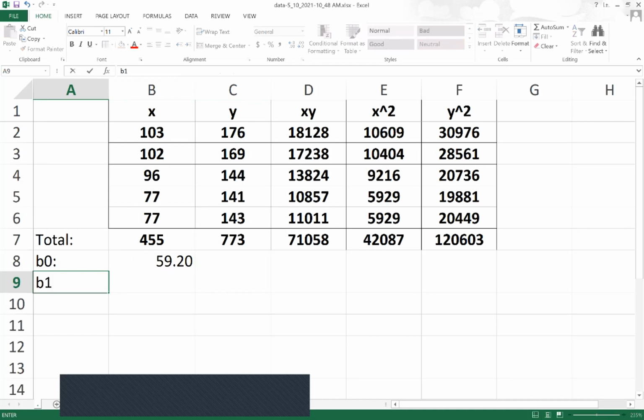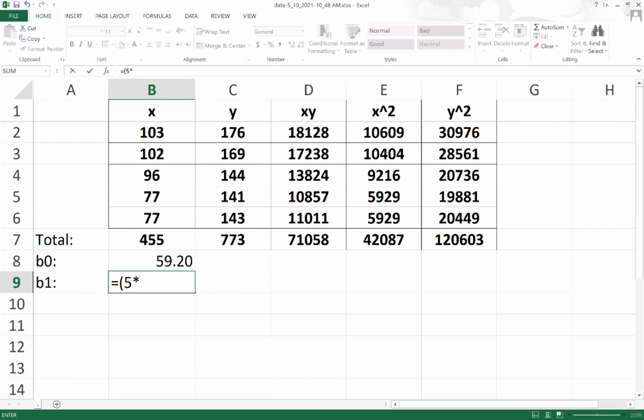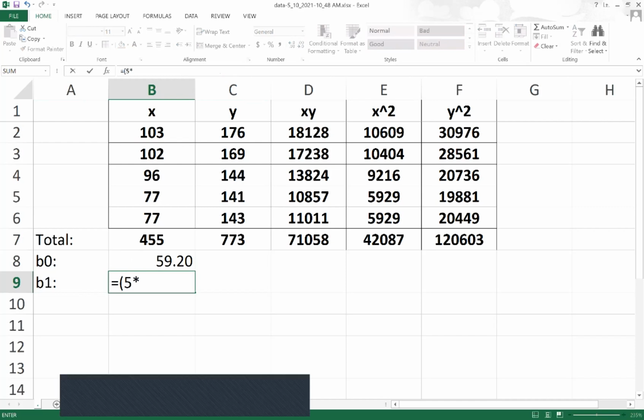And B1. So B1 is sample size 5 multiplied by summation XY, 71058, minus summation X 455 times summation Y 773.